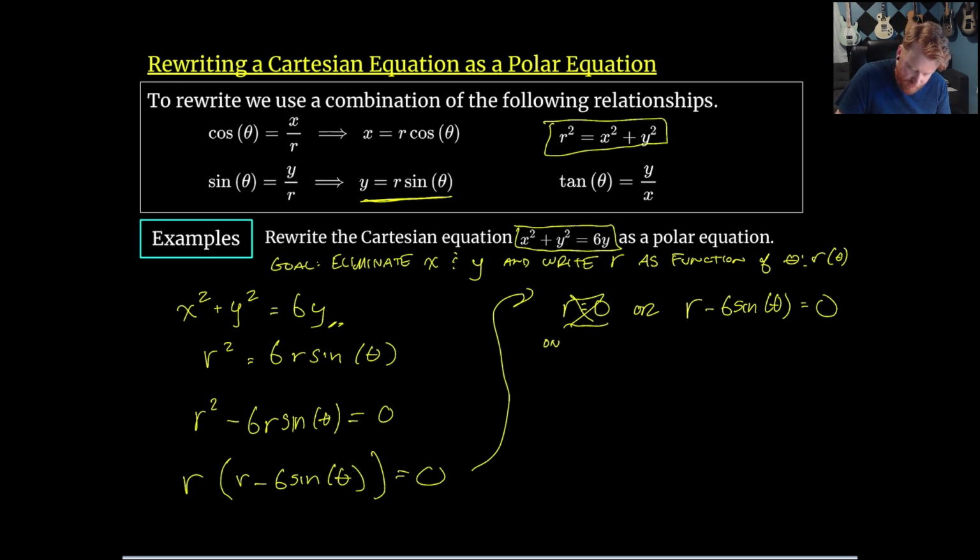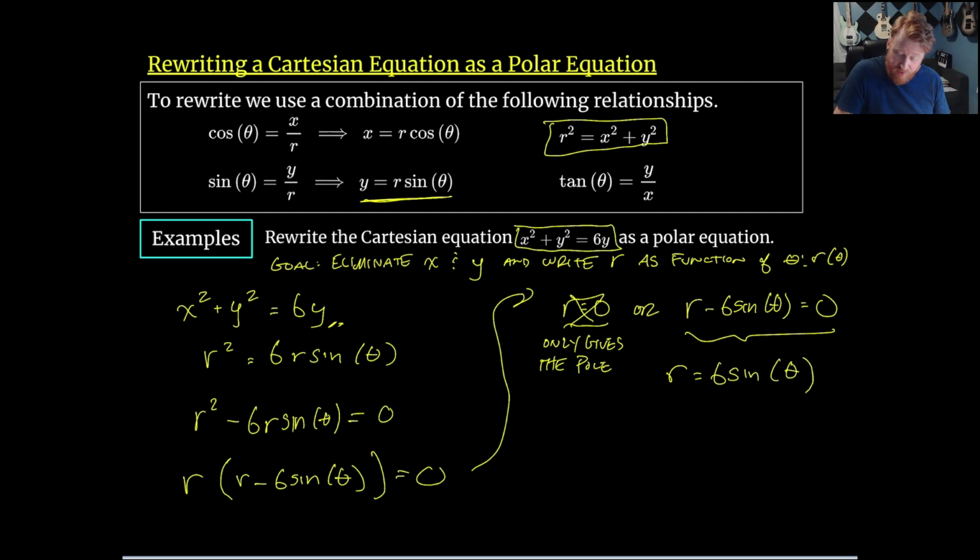So I'll just write that down. This only gives the pole. But what this tells us is that our function must go through the pole, or must go through the origin. But solving this guy over here, I can just add 6 sine of theta to both sides, and we actually get what we want, that r is equal to 6 sine of theta, and now I have r written in terms of theta.